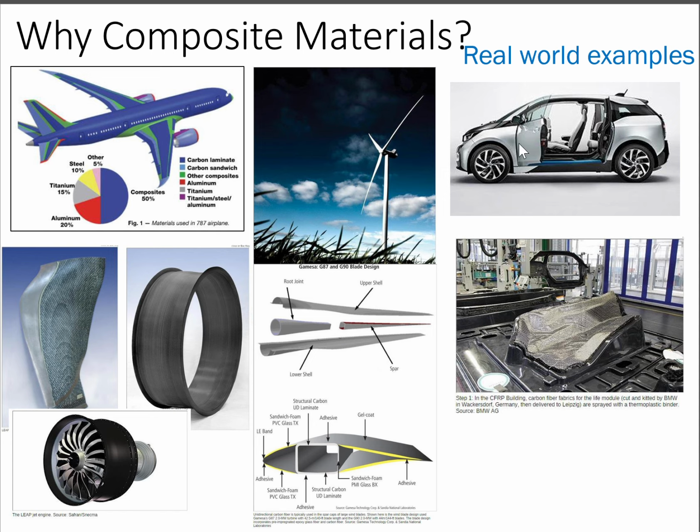There are cars like the BMW i3, an electric car that is completely made of composites. It is very important to make electric cars out of composites because we specifically want lighter electric cars.